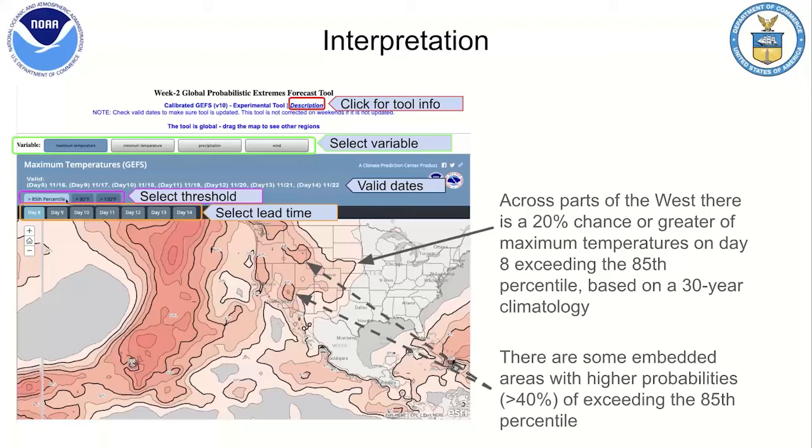So you can look at what you've selected, and that's the probabilities of exceeding the threshold that you've selected, where the percentiles were based on the 30-year climatology. And also over here, you can see embedded within that 20%, these smaller areas of 40% over California and parts of Idaho, where these probabilities are greater than 40% of exceeding the 85th percentile.